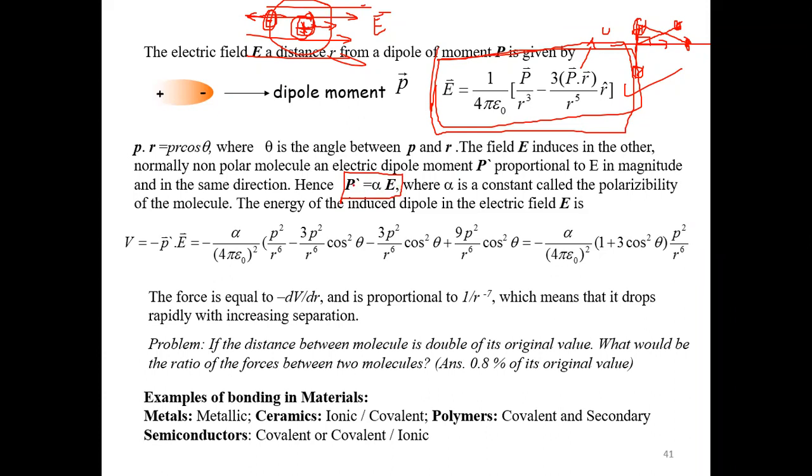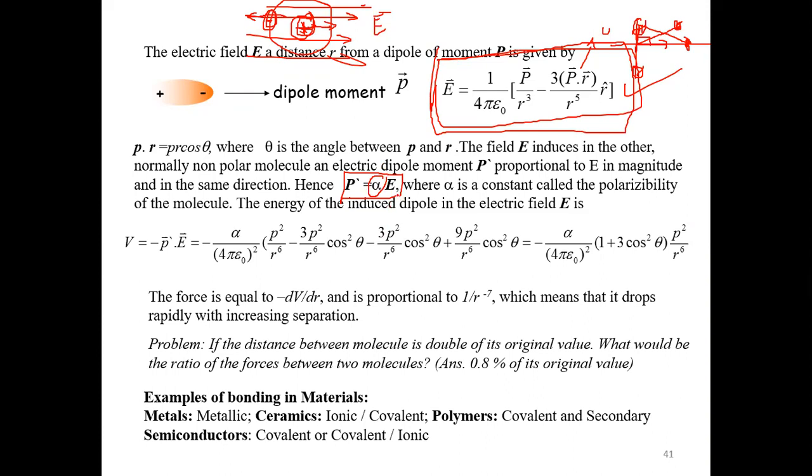Alpha is called the proportionality constant, which depends on the material. The polarization will be higher if the electric field is higher, and less if the electric field is less, or for a very small electric field, there will be no polarization at all. So the strength of the polarization depends on the electric field.